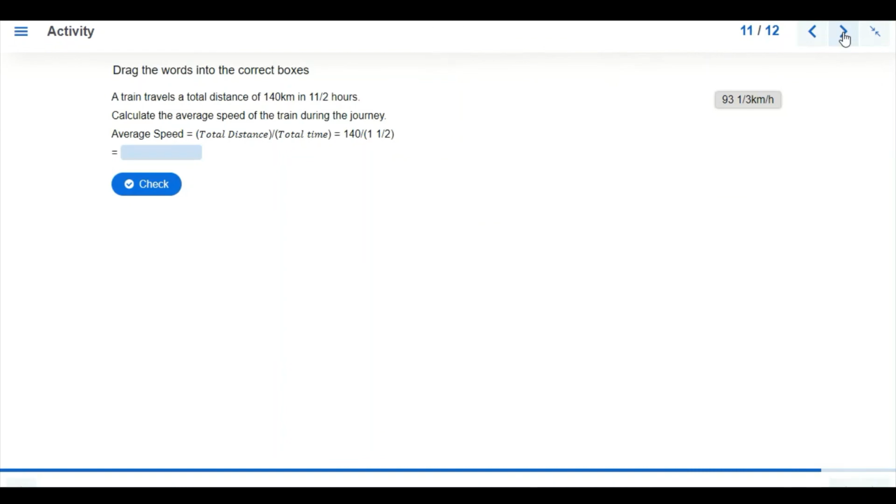This example is telling us to calculate the average speed for a distance traveled by a train, 140 kilometers in 1 hour and a half. So we're quickly going to be calculating that. Since average speed is total distance over total time, we have 140 divided by 1 and a half.